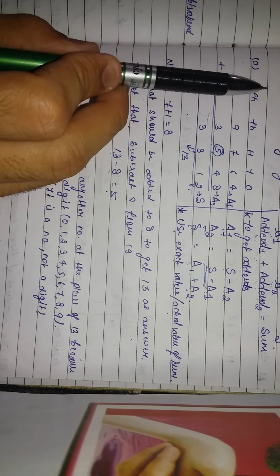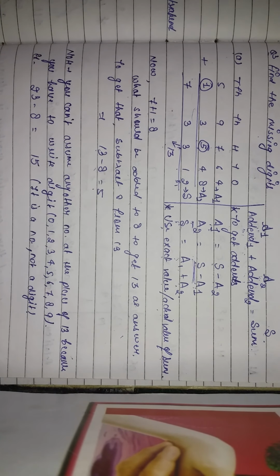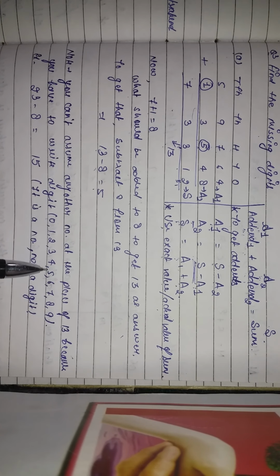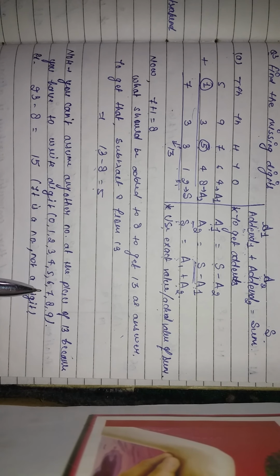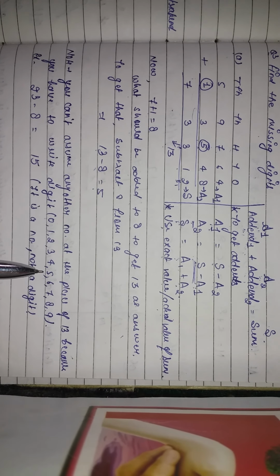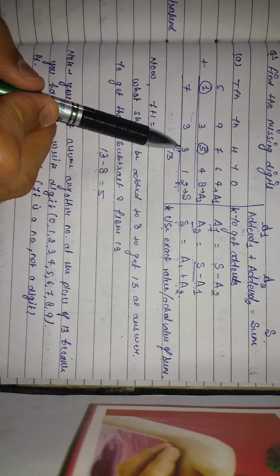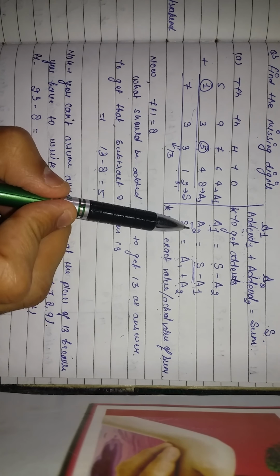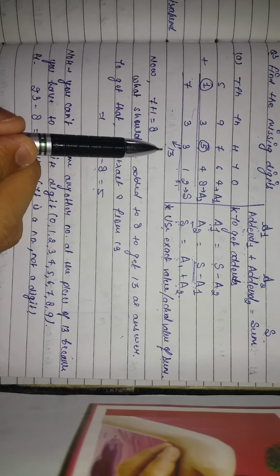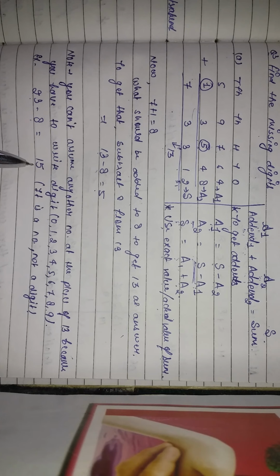Now coming to the point of why I have assumed only 13, why not 23 or 33? See, our question is to find the missing digits, and digits are 0, 1, 2, 3, 4, 5, 6, 7, 8, 9, right? If I start writing 10, 11, 12 like this, then they are numbers, not digits. Clear? Now suppose I would have used 23 here, then as per this formula your a2 will be 23 minus 8, so 23 minus 8 is 15, right?